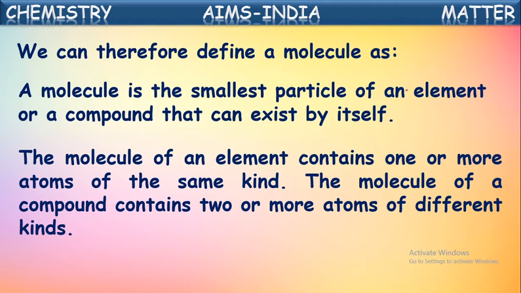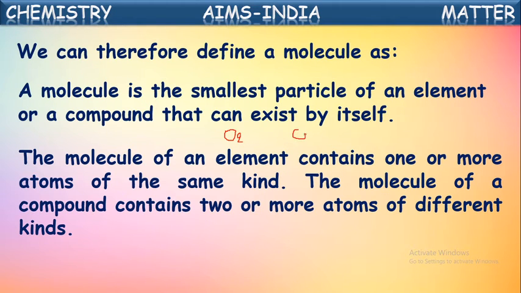For example, the oxygen molecule contains two oxygen atoms of the same kind. O2 we write it, isn't it? So that is called an elemental molecule or molecule of an element.